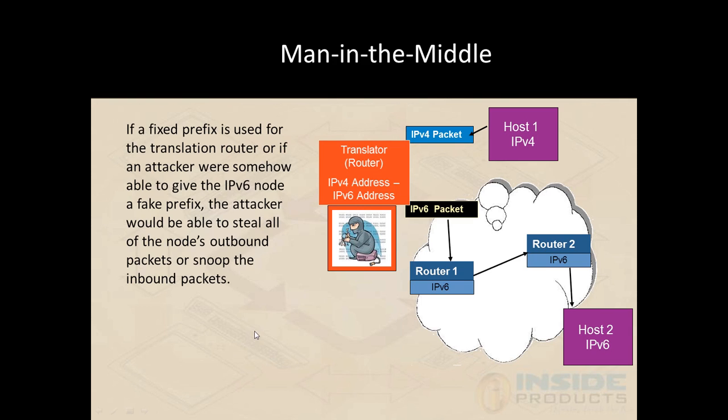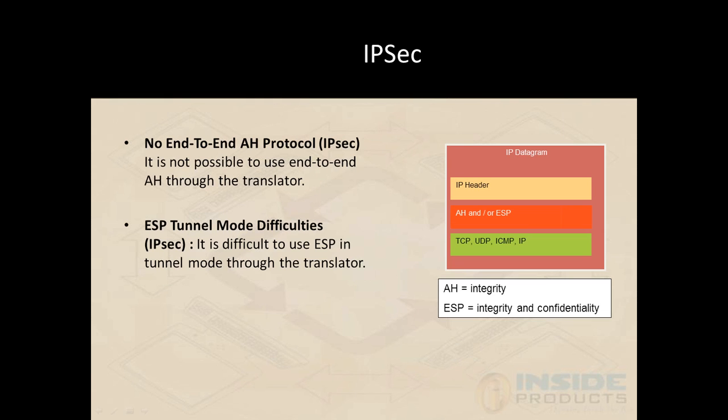Another big problem is, how do we do things such as path MTU discovery? One of the big differences between v4 and v6 is that in v6, path MTU discovery is required, but in v4 it is not.